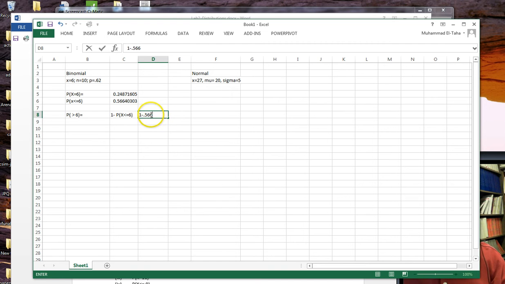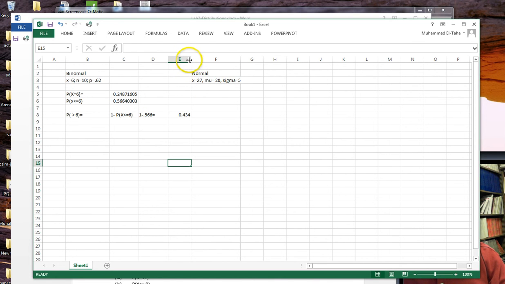So I can do this. That would be the answer here, equal to 1 minus 0.566, okay, which is this answer here. So I can put an equal sign here. Okay, so you can get those questions, and if it was between, we'll do that one here.